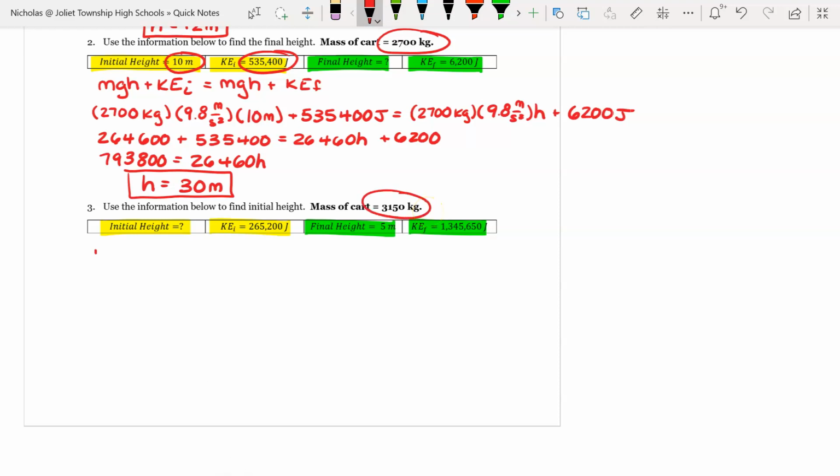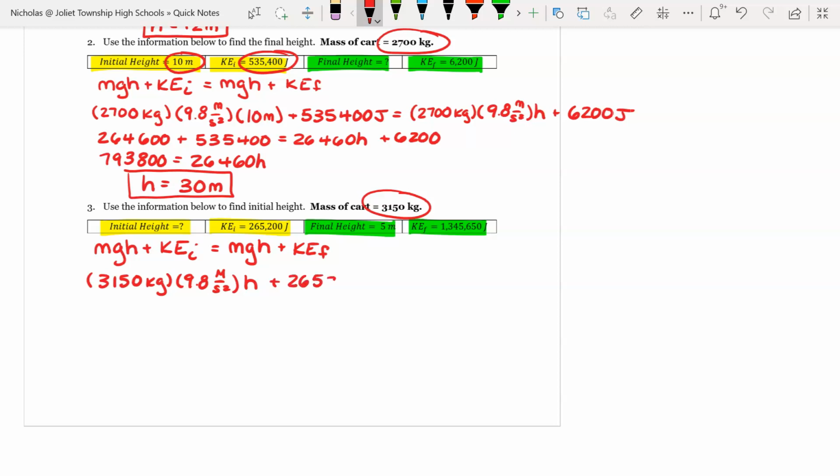So let's go ahead and set this up. All right, let's plug in what we know. We know the mass is 3,150. We've got 9.8. And then the height, we don't know, so we'll put that as h.